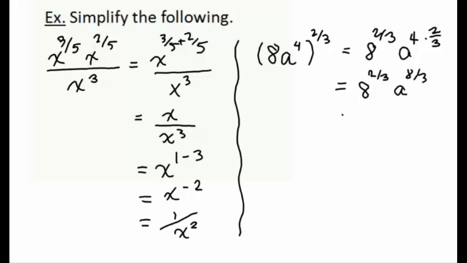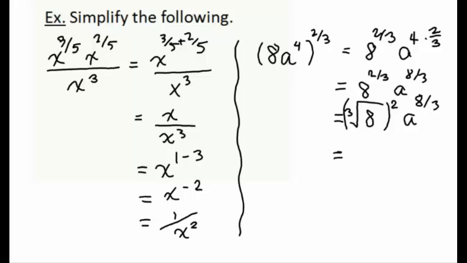Now I'm going to go ahead and simplify this 8 to the 2 over 3 just a little bit. I know that the denominator means to take the third root. So here we can take the third root of 8, and then when we're done, we can square whatever our answer is. So I'm going to indicate that using these outer brackets.